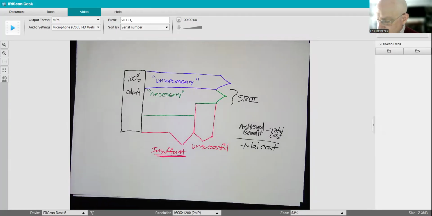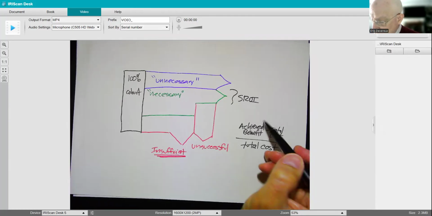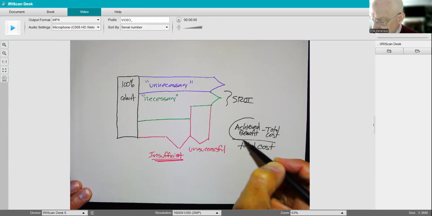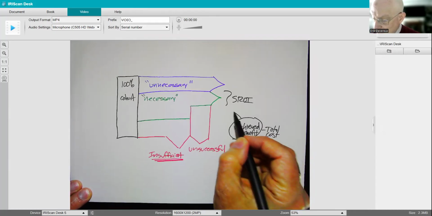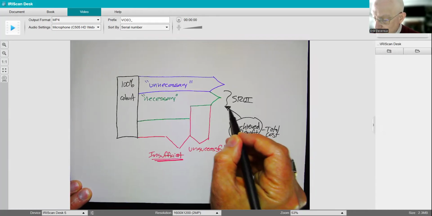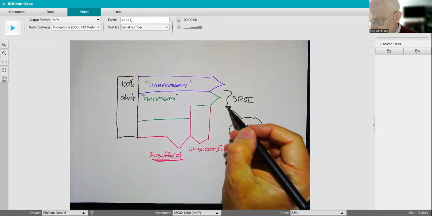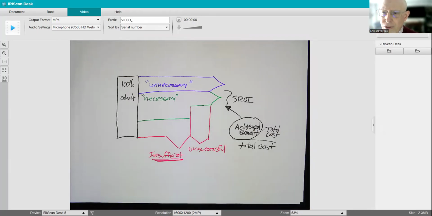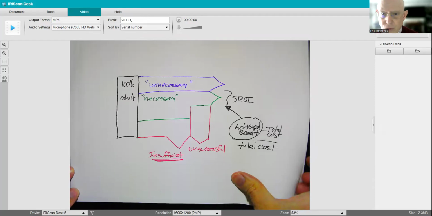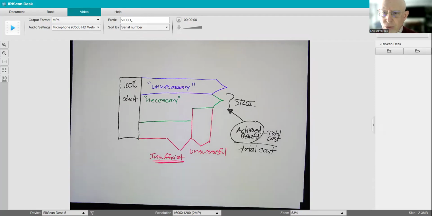And so your achieved benefit is only calculated based on this group that needed the intervention and succeeded. Everybody else has to be taken out of the mix in terms of benefit because there was no actual benefit. And there are examples in the book that go into this in tremendous detail for how to actually do these calculations, but they're just based on using percentages over the known costs.